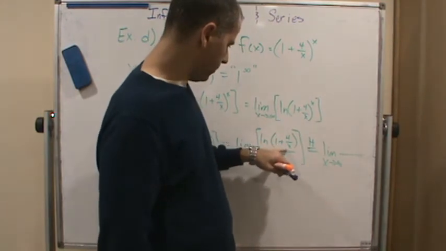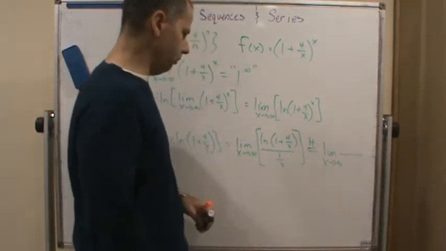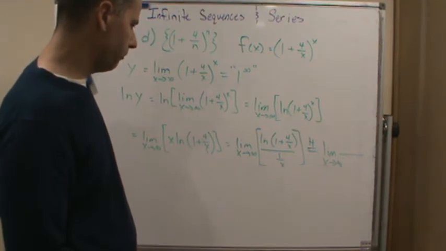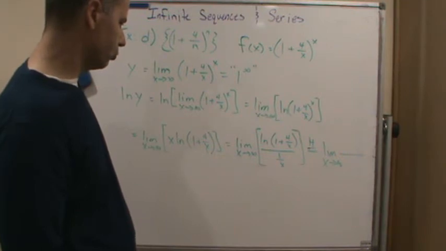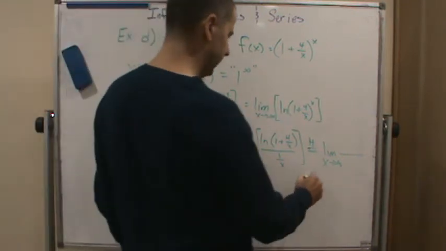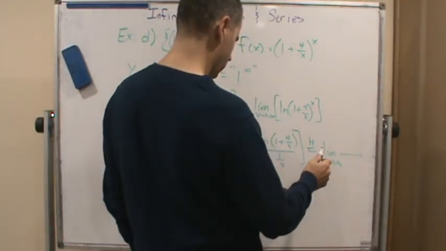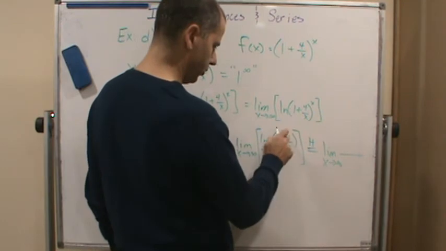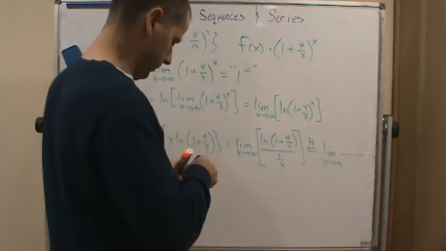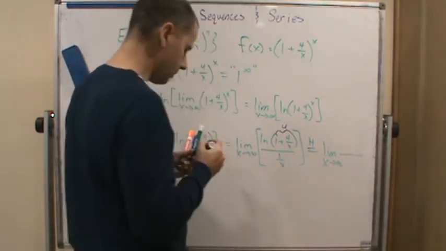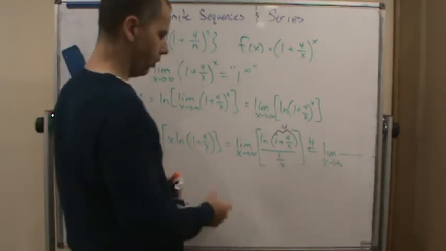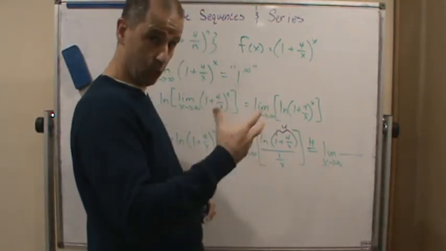Okay, so if I make this whole thing u, the natural log of u, the derivative of that is du over u, right?